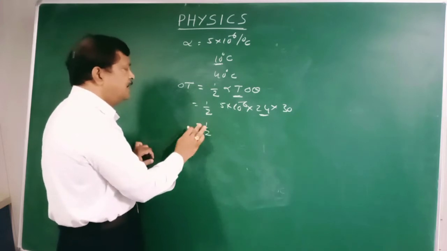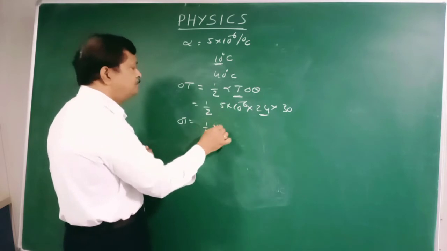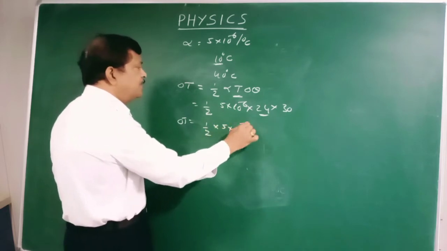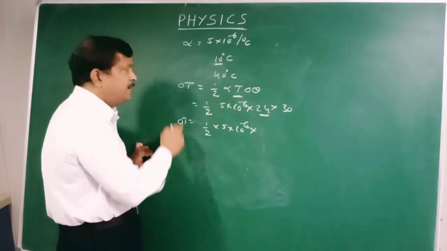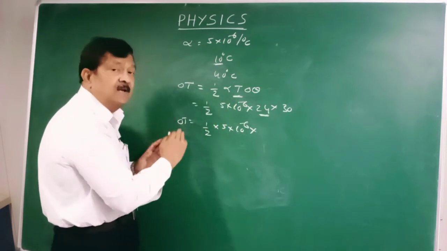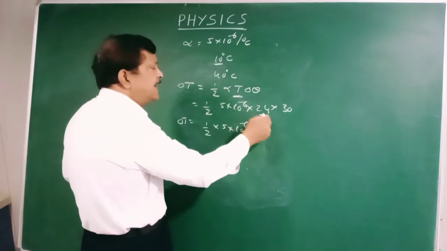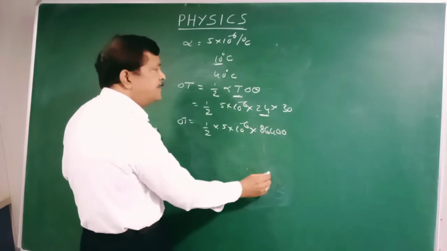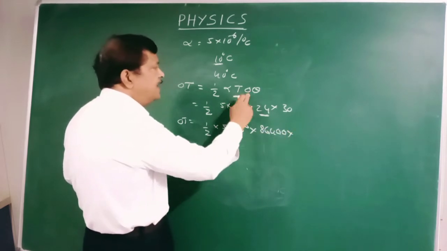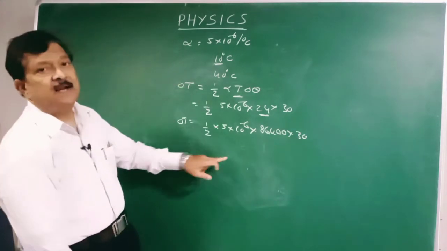Delta t will be equal to half alpha, 5 into 10 power minus 6. Remember, we are using a time of one day, but because the option is in seconds, the time also we have to express in seconds. So write down the time in 1 day as 86,400 seconds. That is the value of t, and delta theta is 30. You will get the answer in seconds.